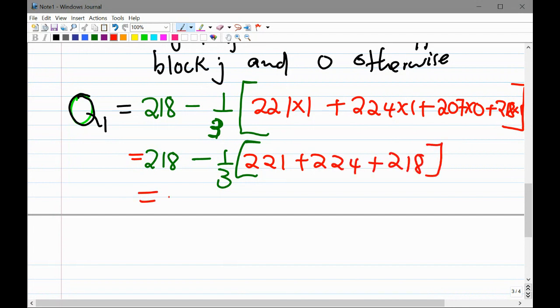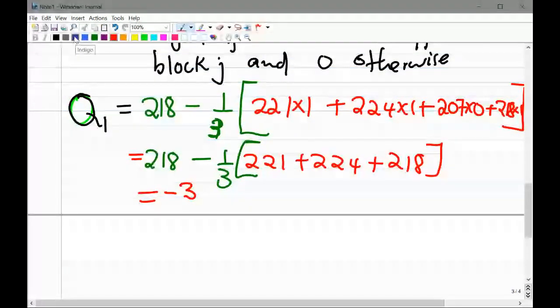This is what we are having, guys. What is the answer? Write the answer. If it has decimals, the best thing is to write it in fraction form. It's negative 3. Negative 3. So we move to Q2.